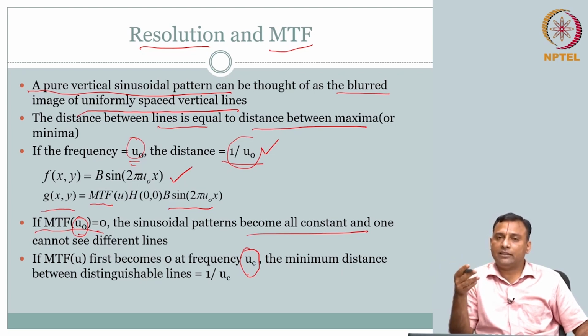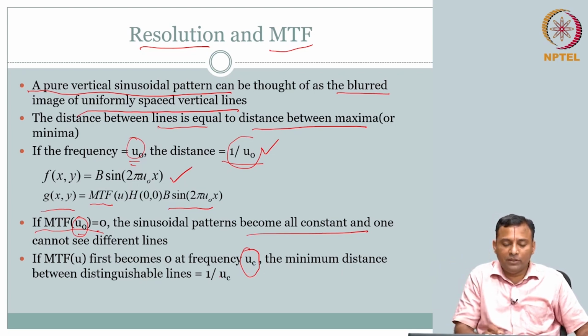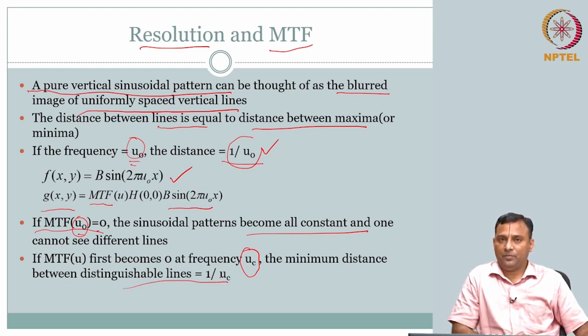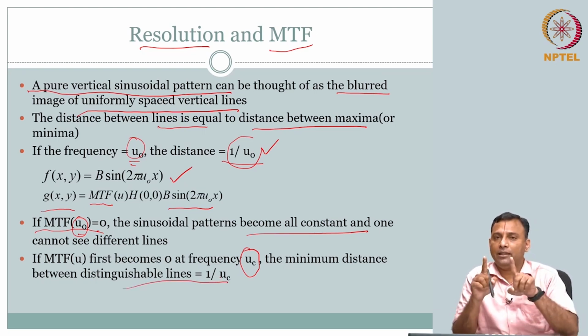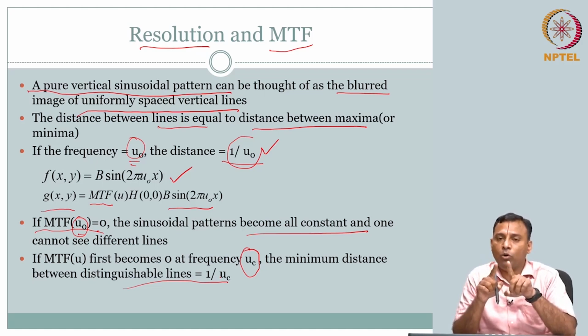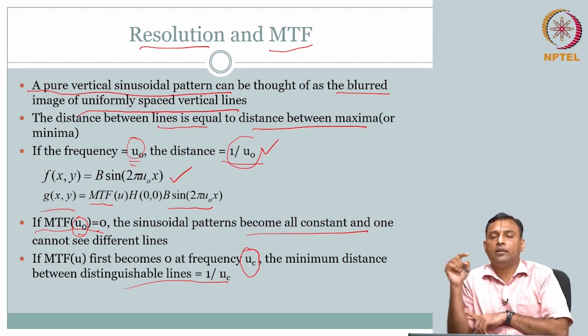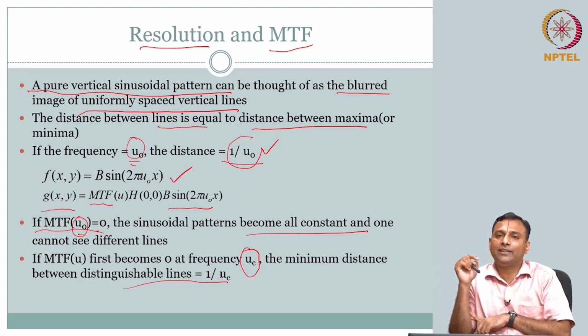But our interpretation is in the length scale. The minimum distance between distinguishable lines is 1 by uc. If you make the lines any closer together than 1 by uc of the system, I won't be able to distinguish the two lines in the output. That is my limiting resolution of the system.